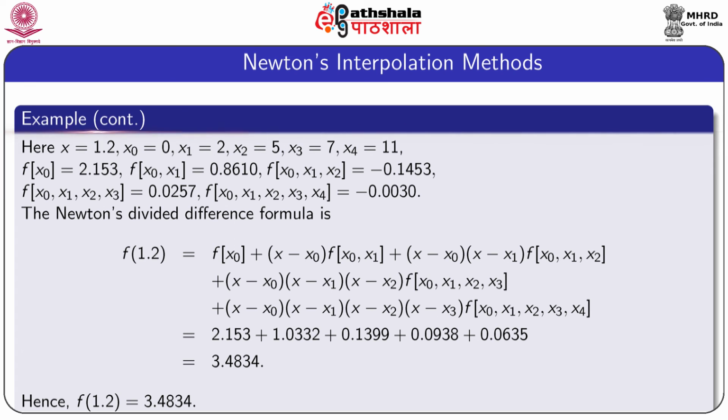By substituting the values of all order divided differences and the values of x0 and x, we finally obtain the value of f at 1.2 equal to 3.4834. That means the approximate value of f at the point 1.2 is 3.4834, and this is correct up to 4 decimal places.